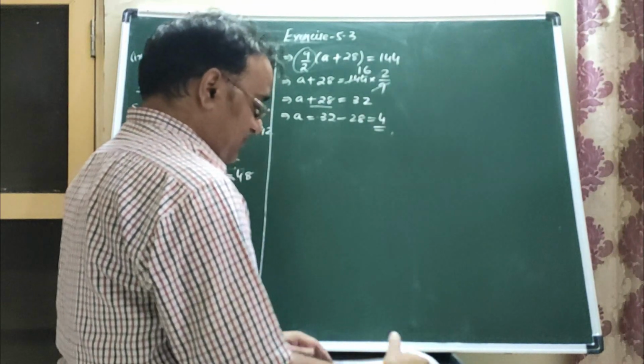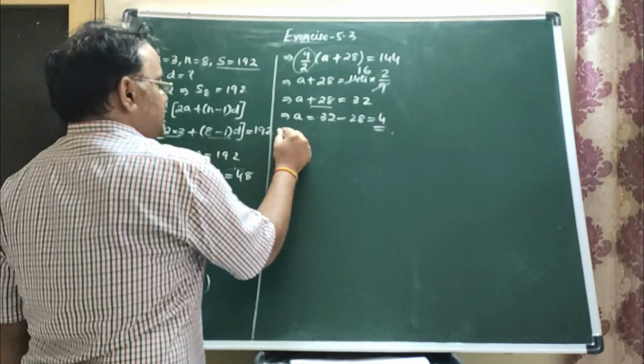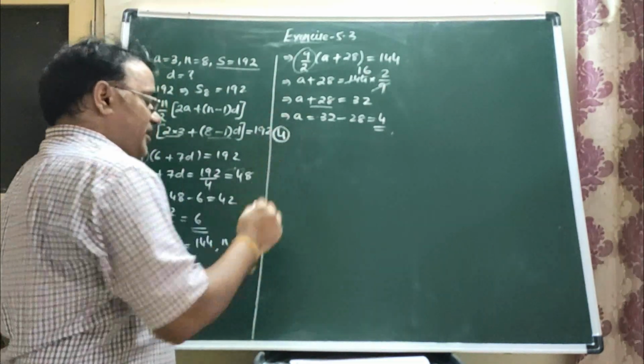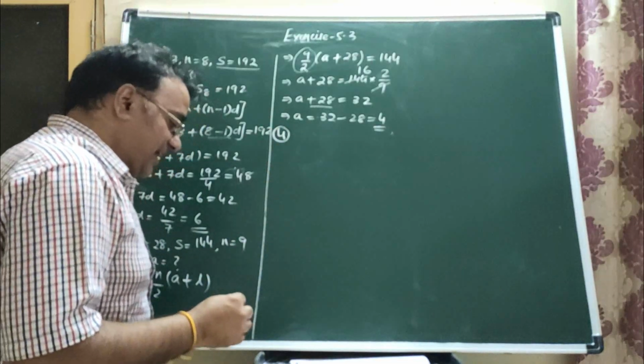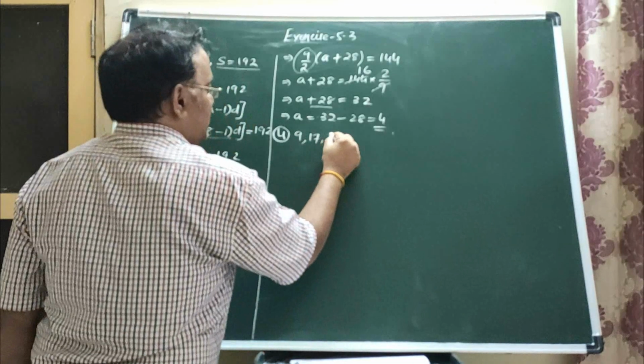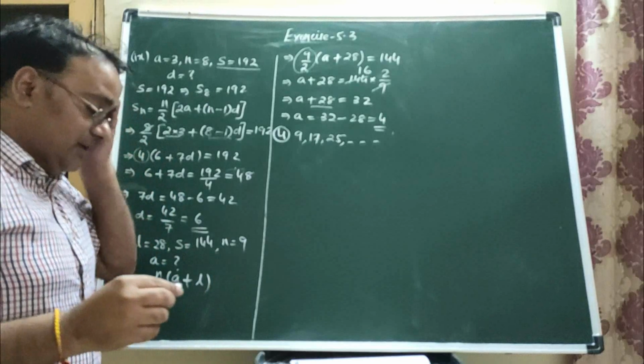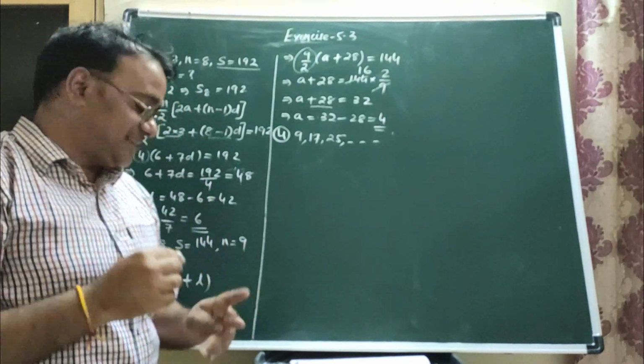Now let us move towards the fourth question. Fourth question is very important for board exam. Okay, how many terms of AP 9, 17, 25 so on must be taken to give a sum of 636?